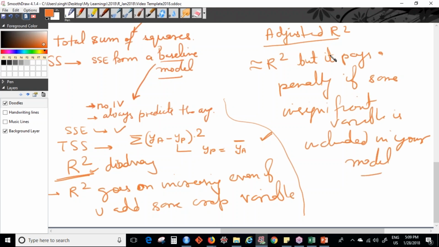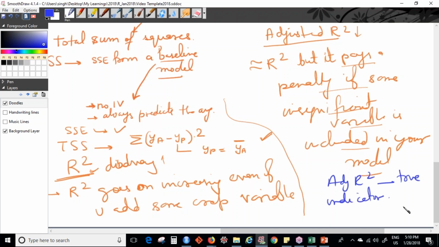So if you include any variable which is not adding any value to your model, your adjusted R square will not increase, but it will decrease. R square will anyway increase, but if it is not a significant variable, adjusted R square will start decreasing. So adjusted R square penalizes the value of R square if you add insignificant variables to your model.